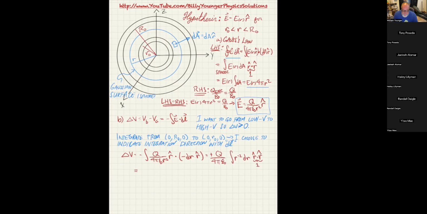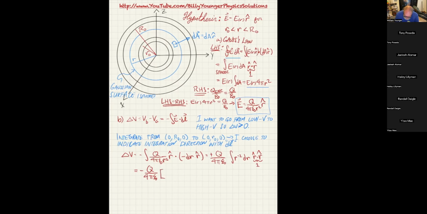So the integral of r to the negative 2 is 1 over negative 1 times r to the negative 1. So this is going to give me negative Q over 4 pi epsilon naught. Remember, the negative came from dividing by negative 1 as a part of the integral.